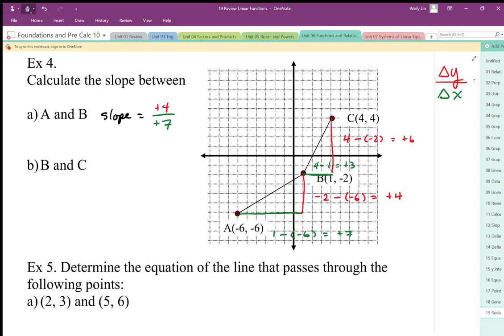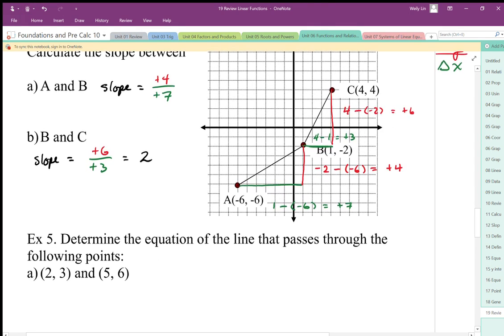And so when I write the slope between B and C, the slope is going to be equal to +6 divided by +3, which is my run. So I'm going to express this slope as a one number slope and write this as slope of 2. Okay, and it's always implied that there's another number in there. The other number is 1.